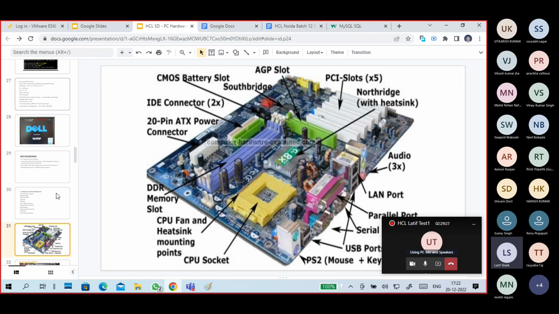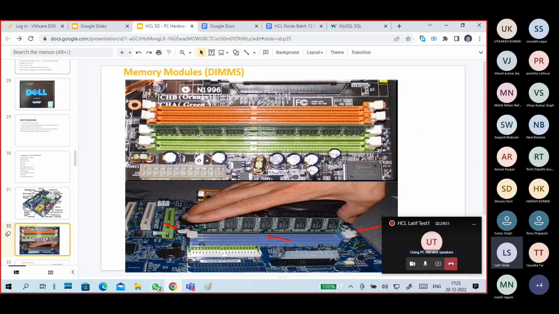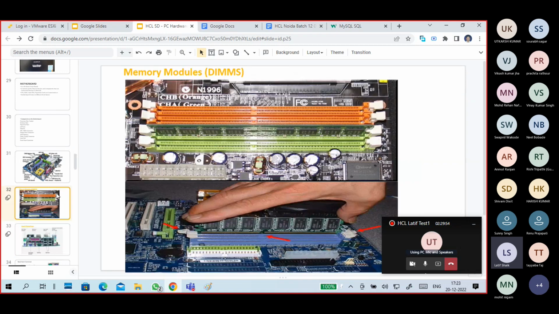If you want to insert an additional NIC, audio card or USB cards, you can put it in a PCI slot. The AGP slot is for graphic cards, and the blue ones are RAM slots. There is a south bridge, a 20 pin ATX power supply connector, and the back panel connection.